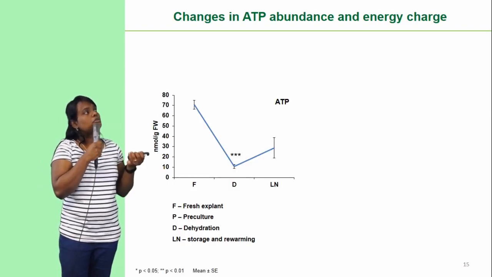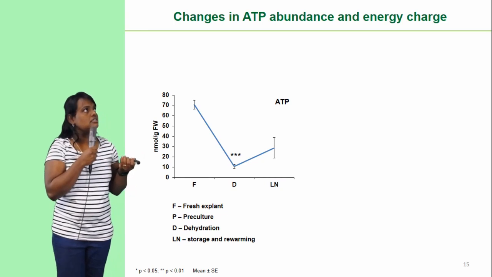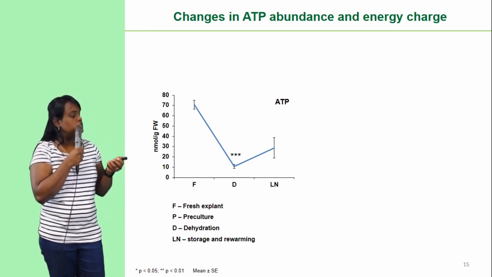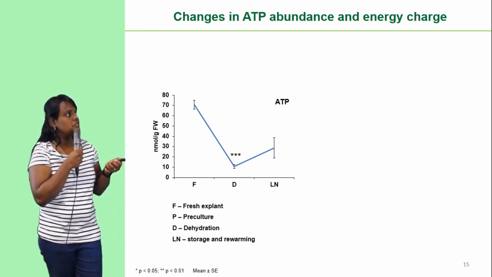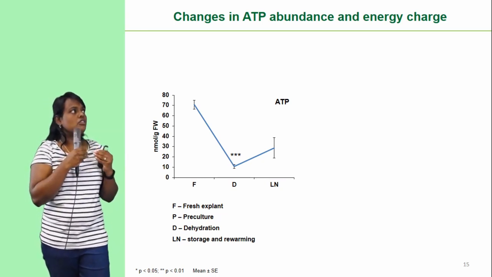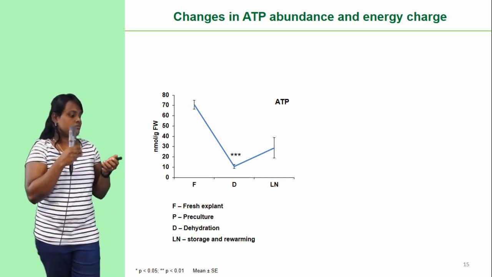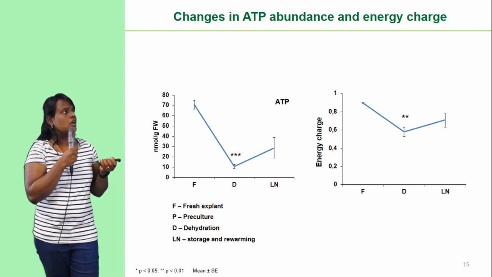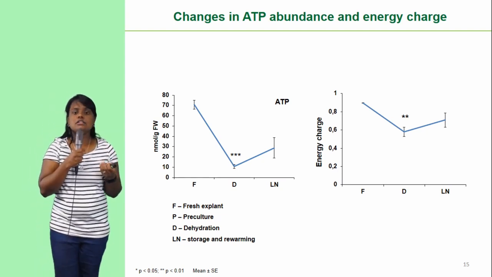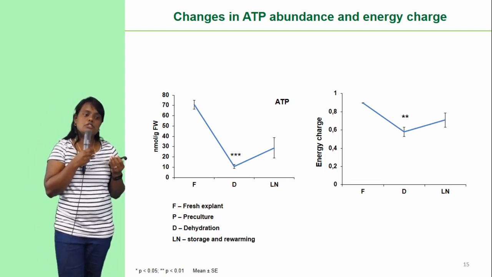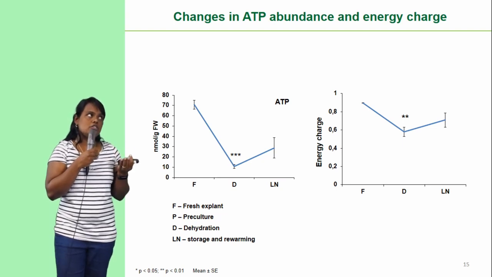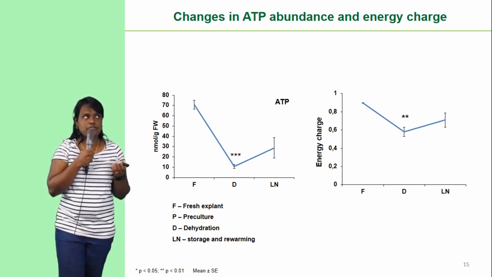To see this, we also performed ATP analysis, and here during dehydration, the ATP is decreased, and this decrease is significant. So we know the ATP amount is getting lower. The production of ATP is less. What happens to the energy charge? To know the energy charge, we also need to measure adenosine monophosphate and adenosine diphosphate.